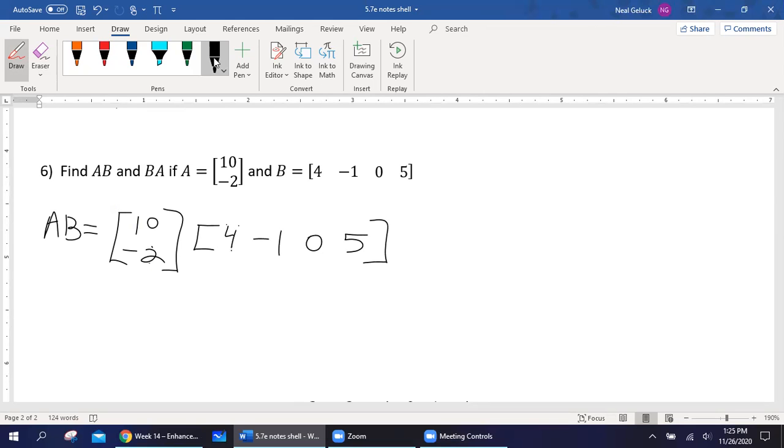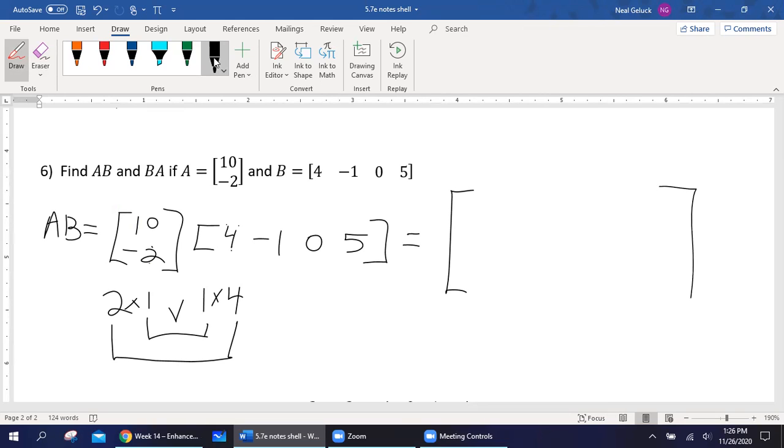The dimensions of A, it is 2 rows by 1 column. Matrix B is 1 row by 4 columns. Middle numbers match. My answer is going to be 2 by 4. So 2 rows, 4 columns. So it's going to be 2 rows, 1, 2 by 4 columns, 1, 2, 3, 4.